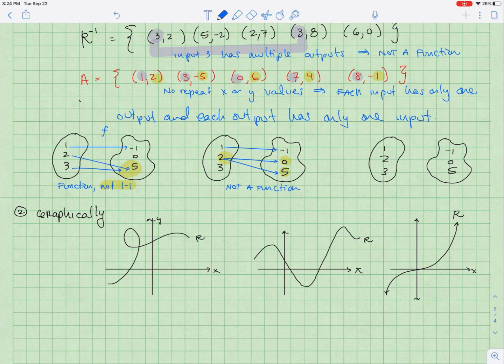Whereas if you're going to have something that's 1 to 1, it's a lot like penguins, man. They have to mate for life. You can't have two running around with 0 with 5. That is to say, each input value corresponds to only one output value and vice versa.